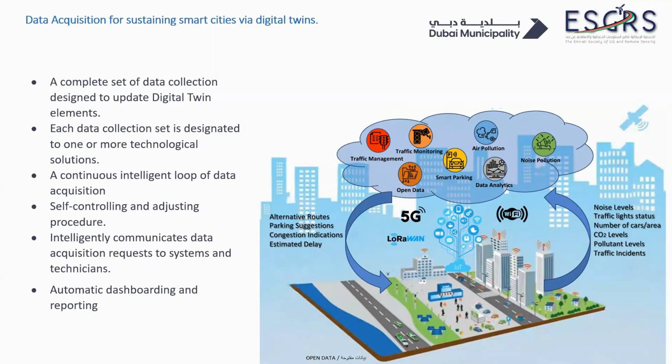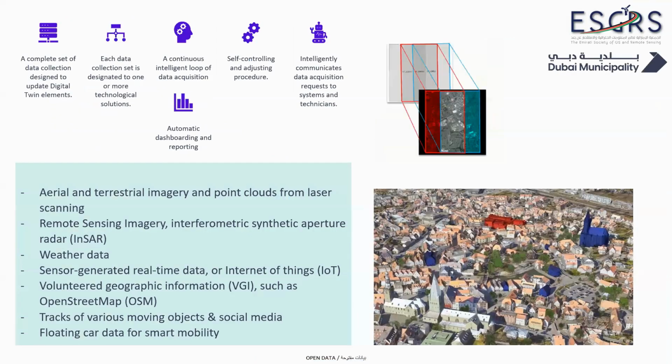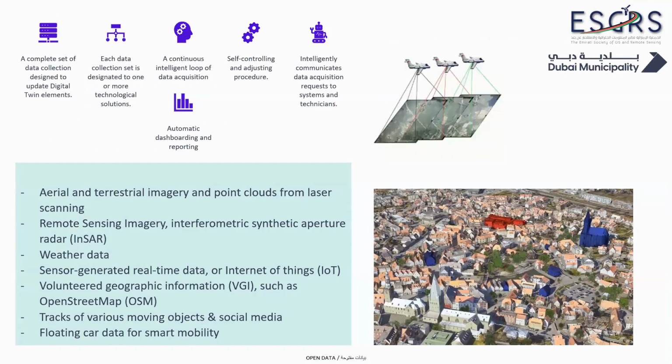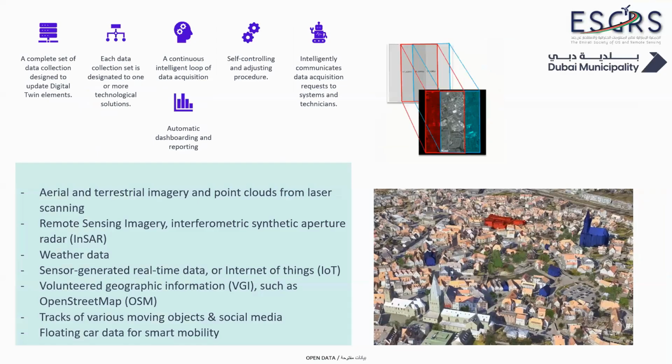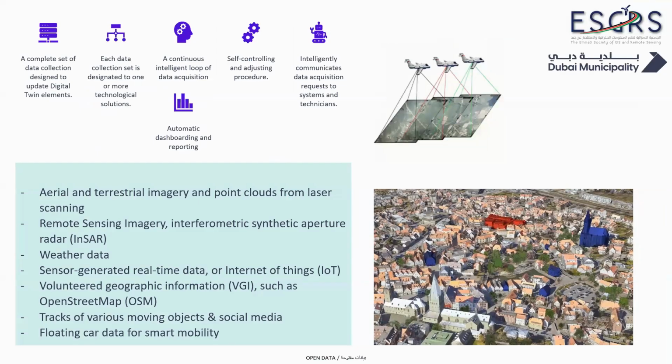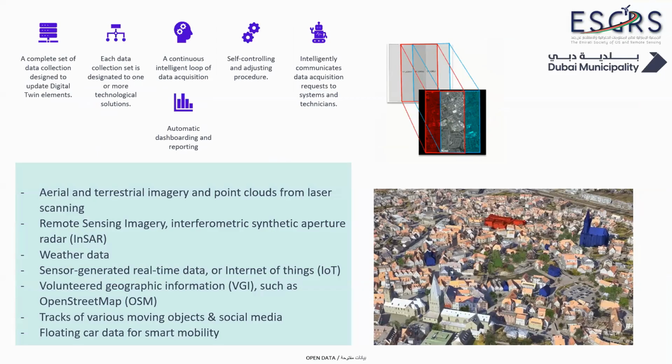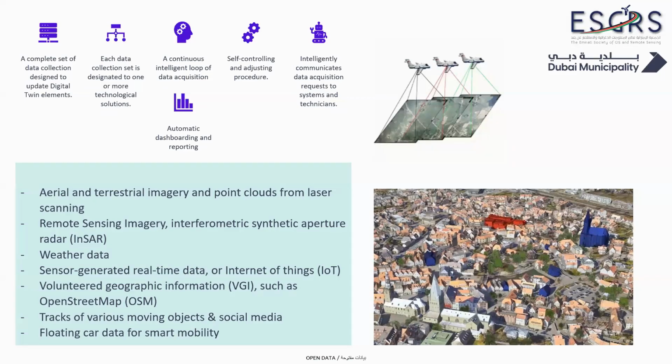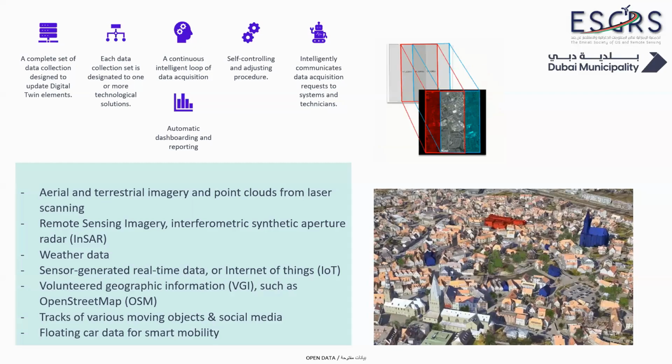So these are some of the regulations. We can call this a smart data collection for smart cities, for smart digital twins. Here we decide what type of data acquisition method. Like, for example, a city needs data collected by aerial images.